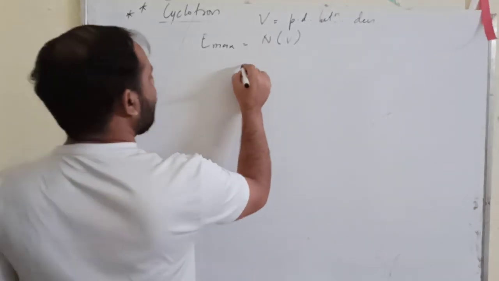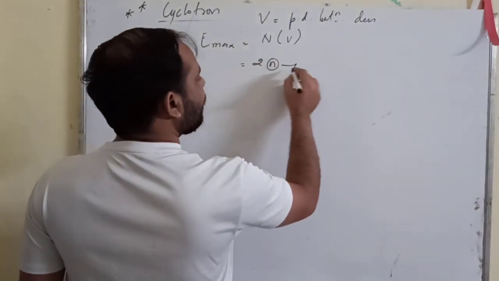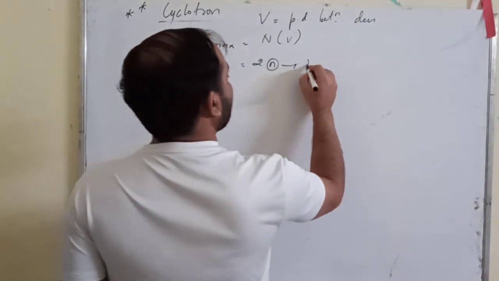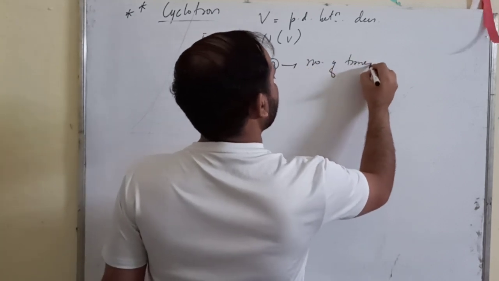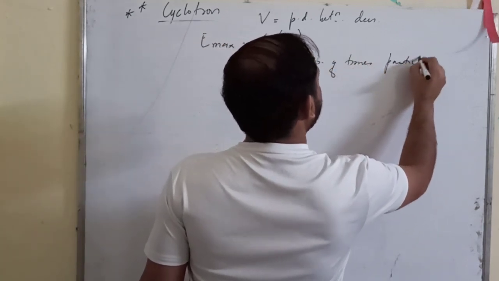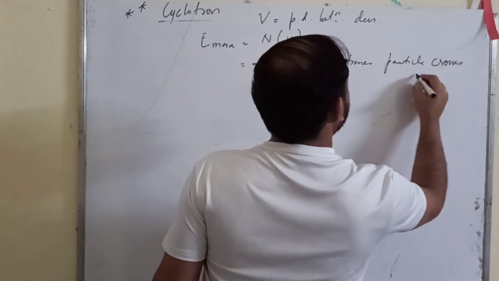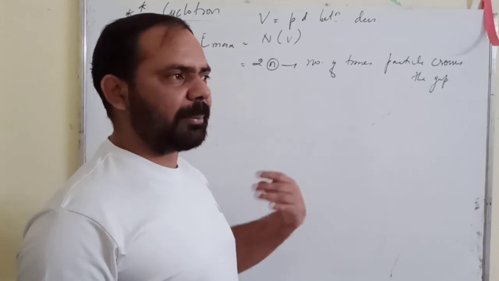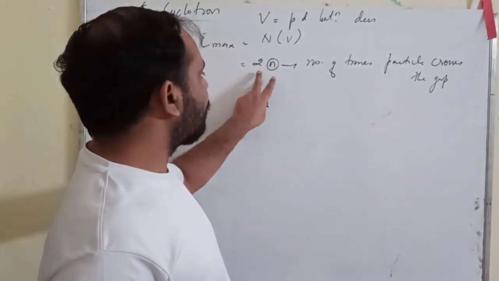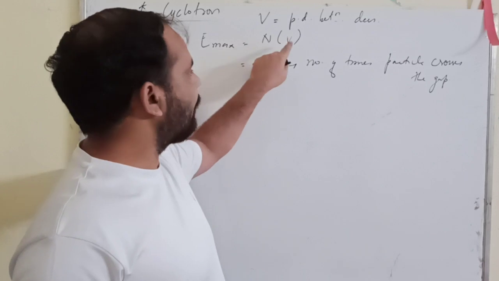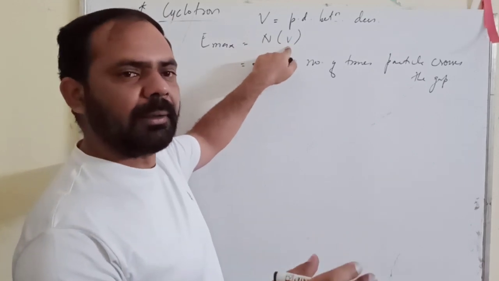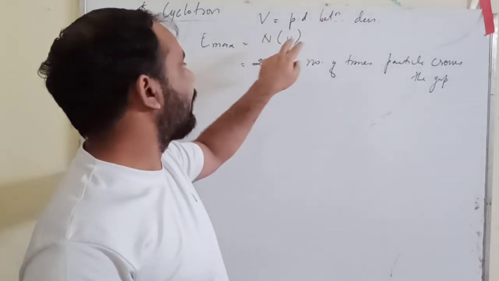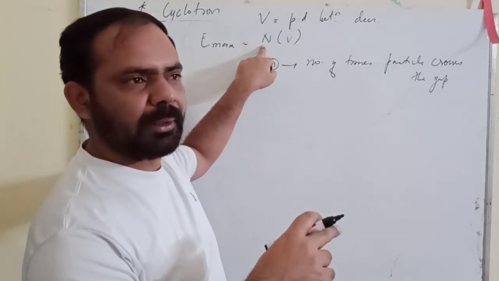And this will be equal to 2 times N, where N is the number of times the particle crosses the gap. Because you can understand that in one revolution, the particle crosses the gap 2 times. So either you can multiply the value of V, the potential difference, because how many times has the charged particle crossed the potential difference? It is N times, the number of revolutions it is making.